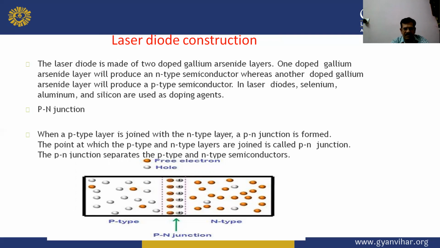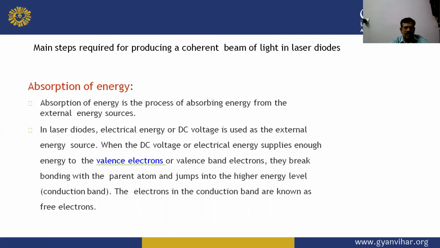The p-n junction separates the p-type and n-type semiconductors. So this is the construction of the laser diode. Now the main steps required for producing a coherent beam of light in a laser diode.